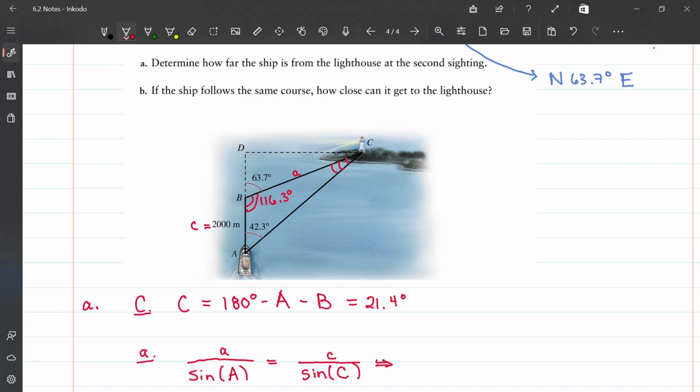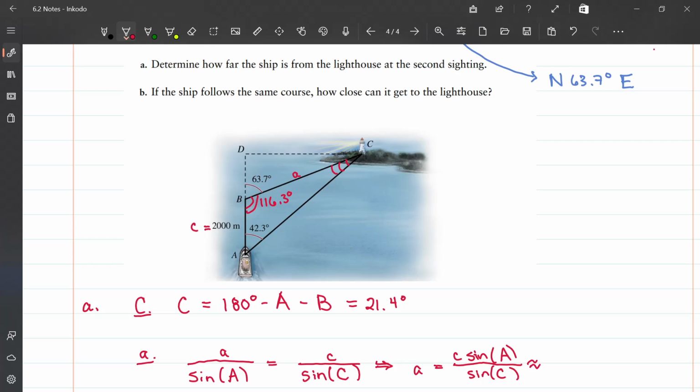So, using some algebra, we have little a is equal to c sine of big A divided by sine of big C. And so we're going to get an approximate answer of 3,689. And this is all in meters, so meters. Awesome.